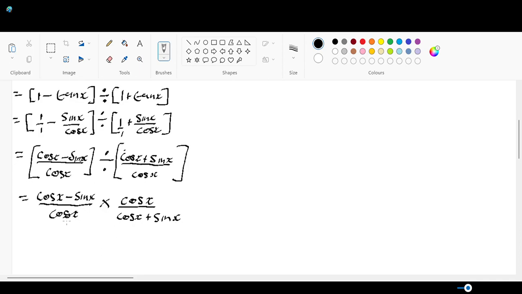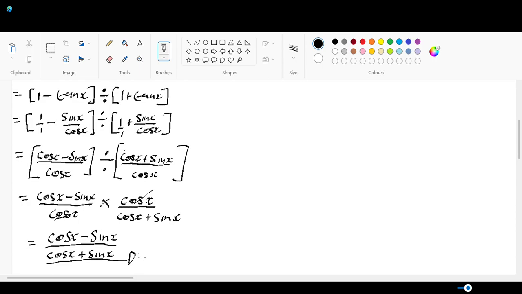Right, so since we have multiplication, this cos and that cos, they're gonna give you 1. Multiply everything, you're gonna be left with cos x minus sine x, divided by cos x plus sine x. So this is gonna be our simplified version of the left hand side.